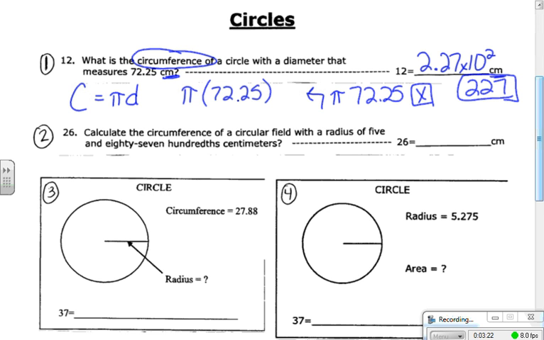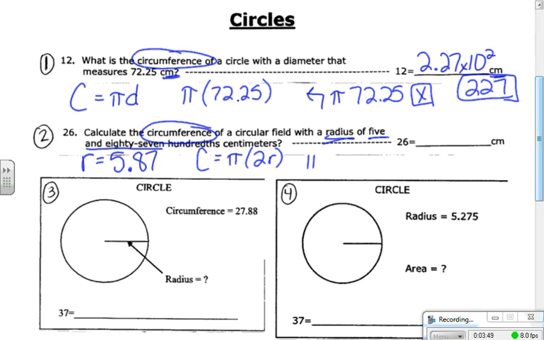Question number 2, we want to calculate the circumference, again circumference, of a circular field with a radius of 5 87/100. So first we have to see that 5 87/100, if we write it out, is 5.87. And that's our radius. To find the circumference, we need pi times the diameter, which is the same as 2 of the radii.